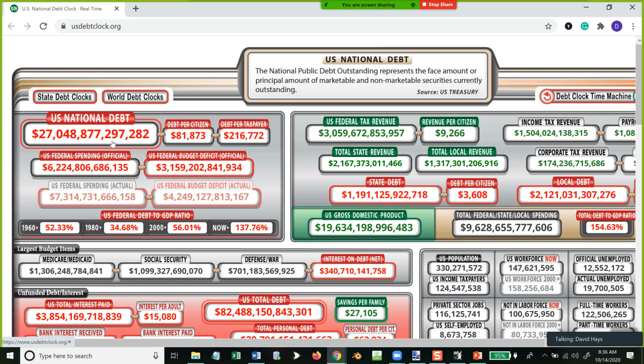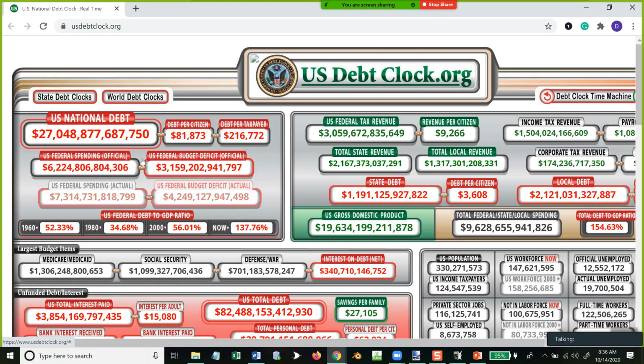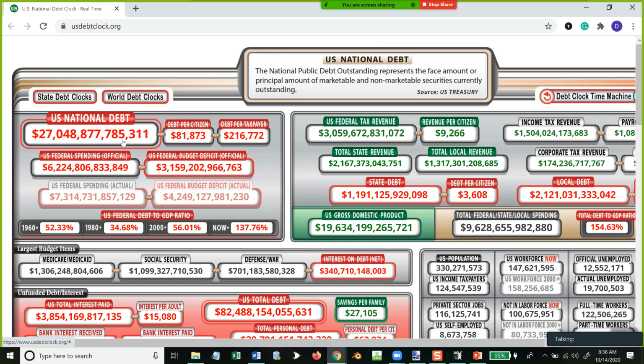Again, seems pretty wild. Just to estimate the rate of change on how fast that's going, it's probably increasing $1 million every 20 seconds.